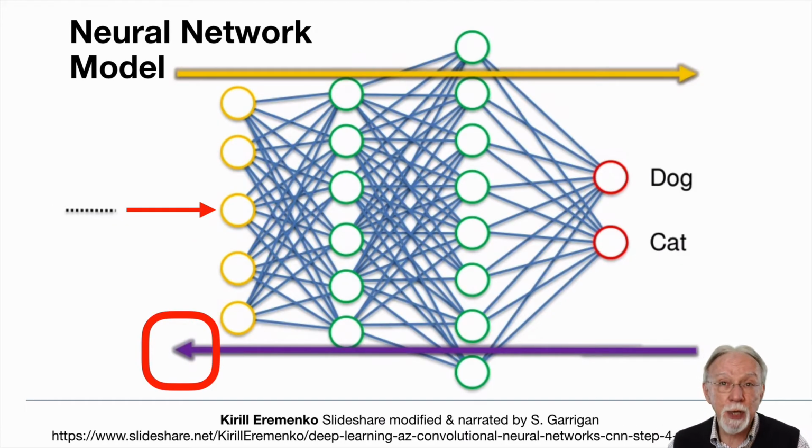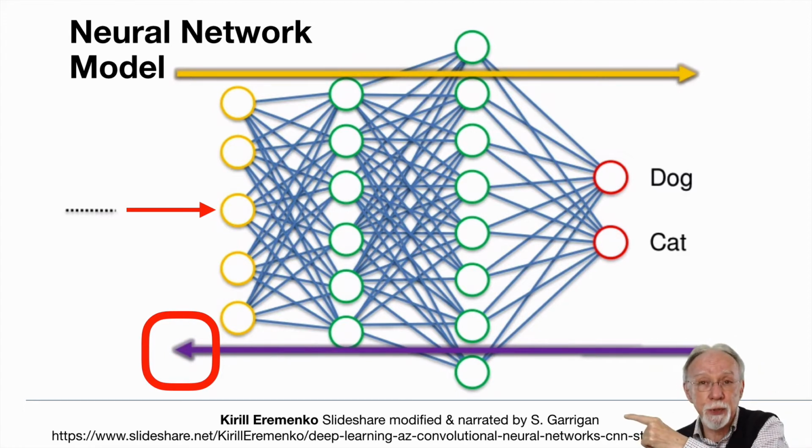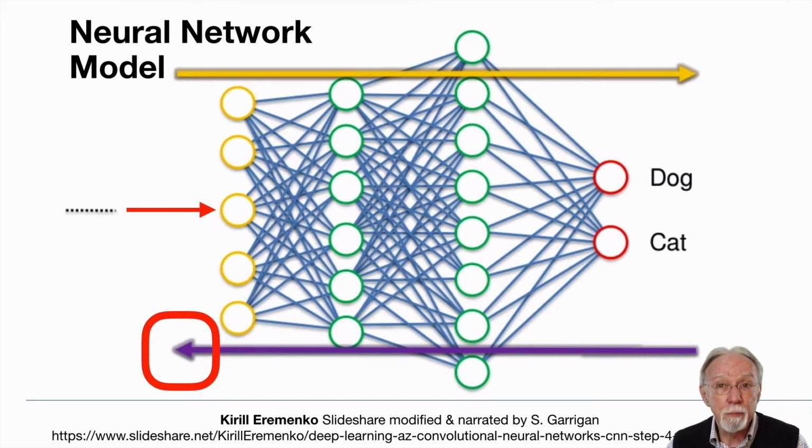Here's a slightly more complex neural network. The Titanic network had information going into the input neurons and out the output neurons, just one way, called feed forward, modeled by the yellow arrow on the top. But that purple arrow on the bottom shows something that modern neural networks have, and that's called backpropagation.